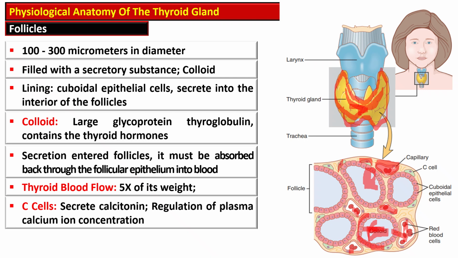So just to review, what are the various cells that are here? What is the histological summary?